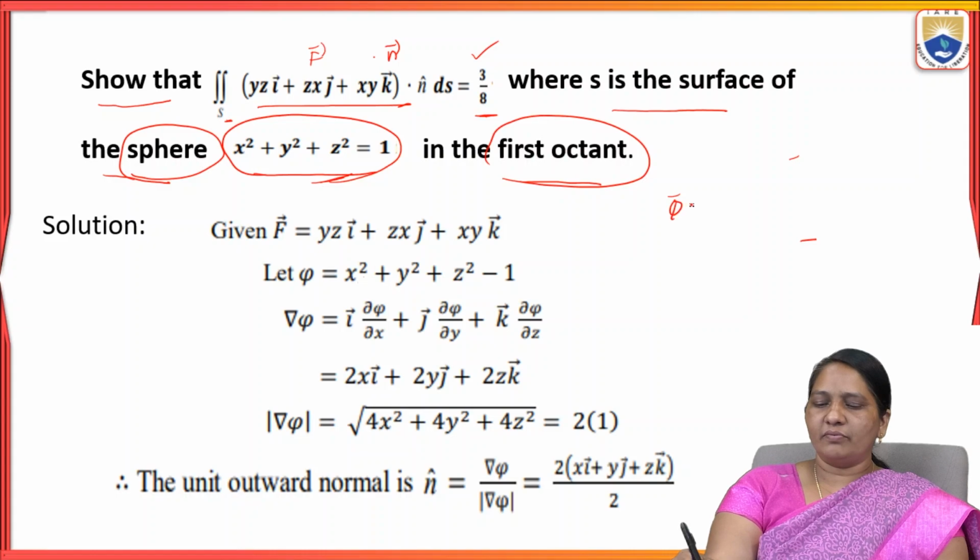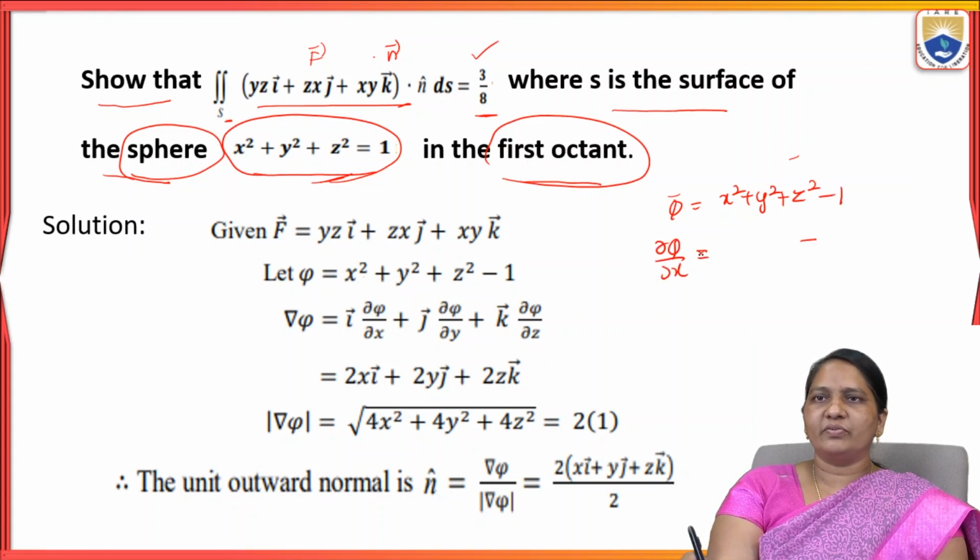With respect to x, x square gives 2x, y square is 0 because it is constant, z square is also 0 and this is also 0. Finally this is 2x, so 2x i.